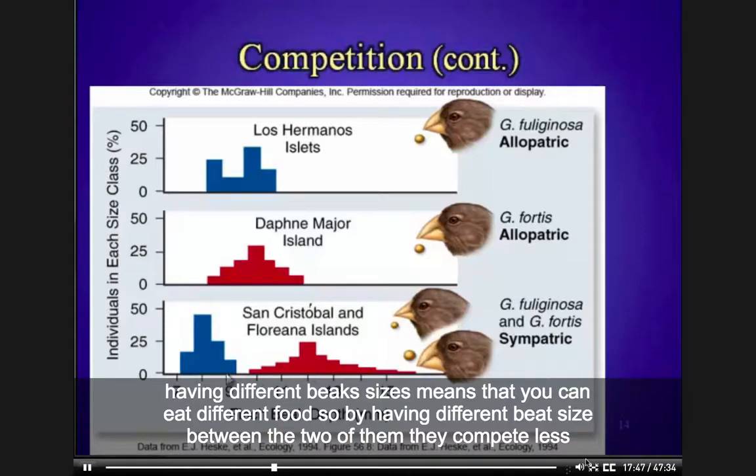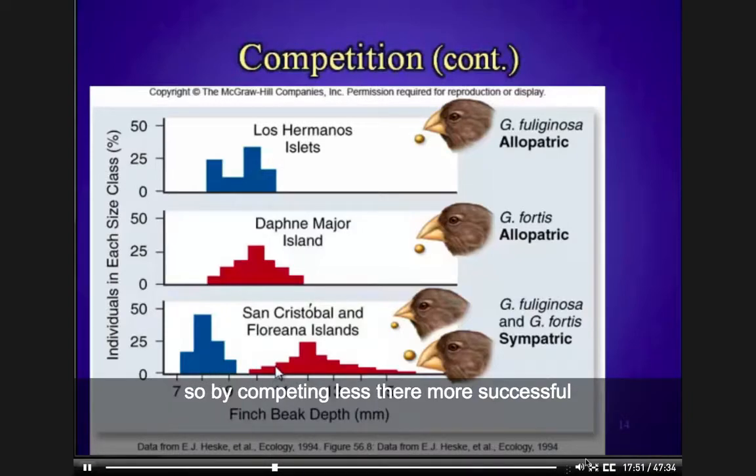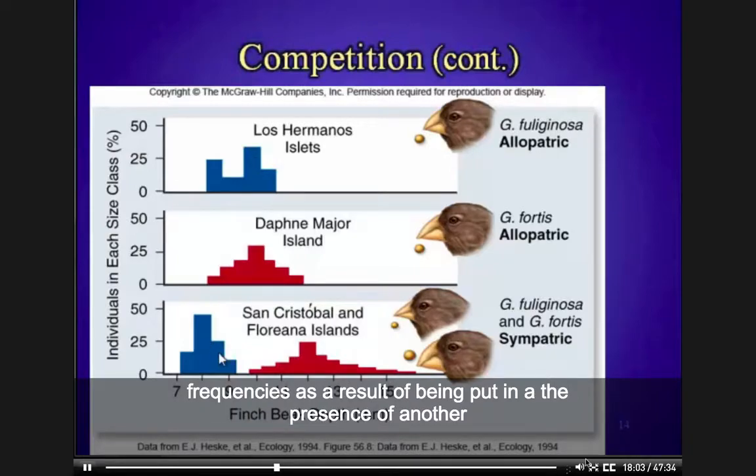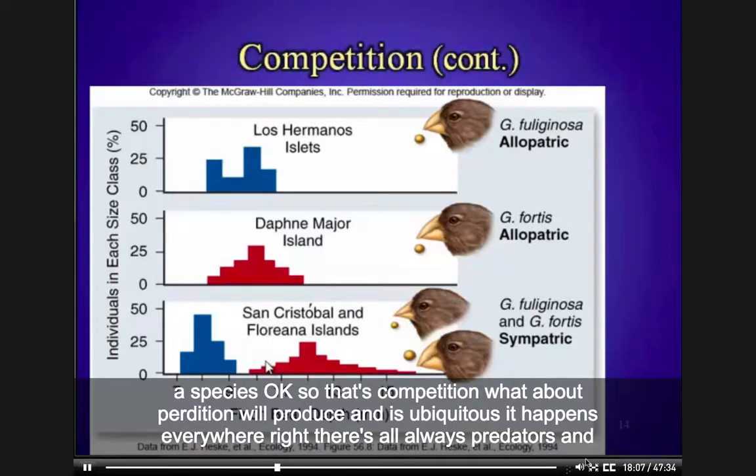So by having different beak sizes between the two of them, they compete less. So by competing less, they're more successful. So this sort of exclusion is actually very important, and it does happen. You see this shift in gene frequencies as a result of being put in the presence of another species.